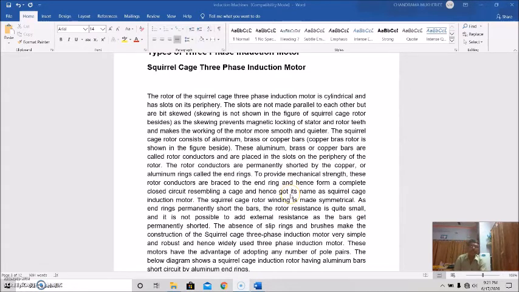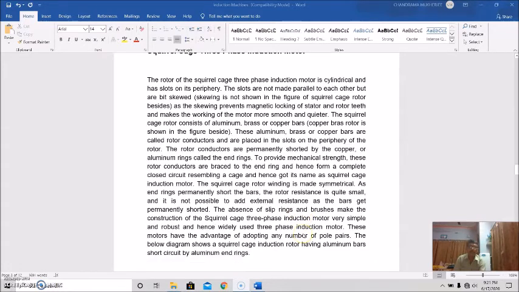To provide mechanical strength, these rotor conductors are brazed to the end rings and hence form a complete closed circuit resembling a cage, and hence the name squirrel cage. The squirrel cage rotor winding is made symmetrical as end rings permanently short the bars. The rotor resistance is quite small and it is not possible to add any external resistance as the bars are permanently shorted.